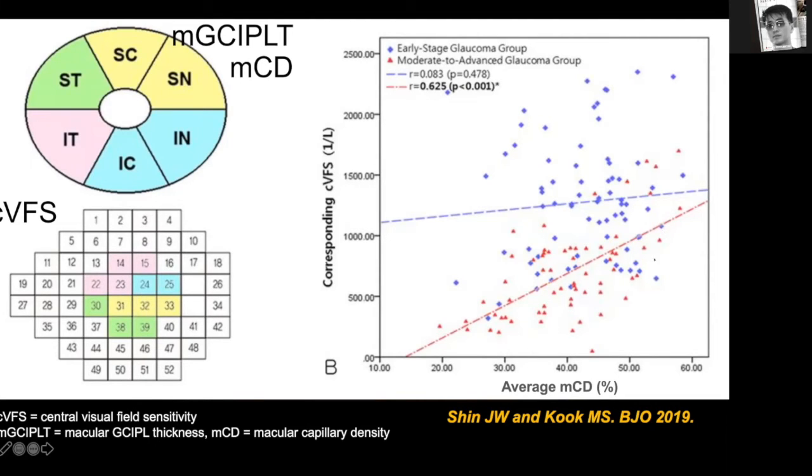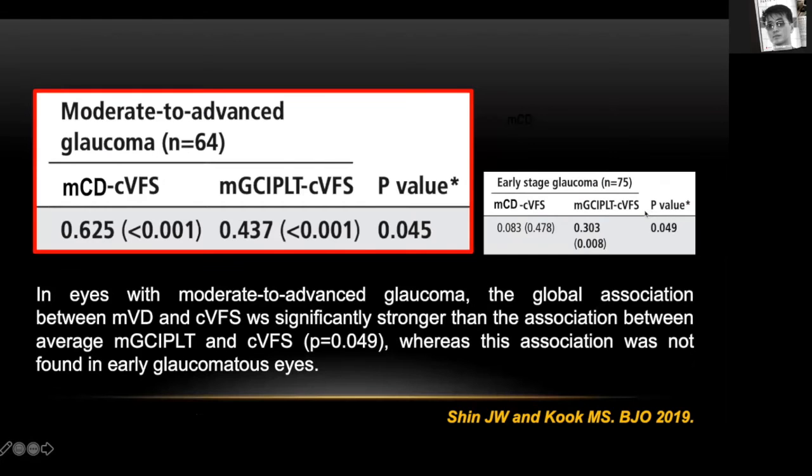There was better association of MCD and central VFS in moderate to advanced glaucomatous stage, but not in early glaucoma. And MCD to CVFS relationship was stronger than the structure-function relationship using macular GCIPL thickness in moderate to advanced glaucoma, implying there is less floor effect also with MCD.